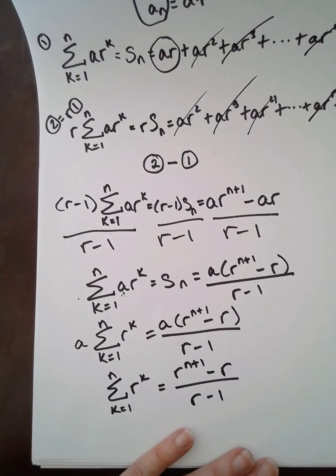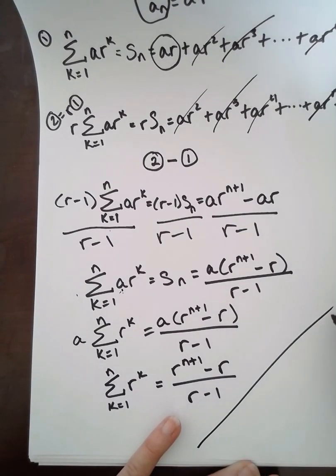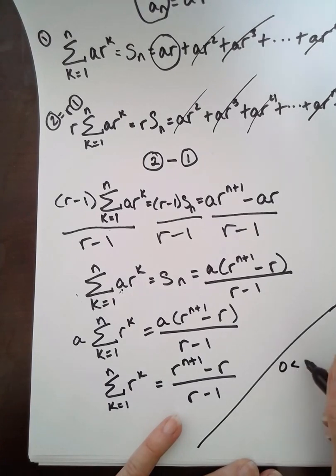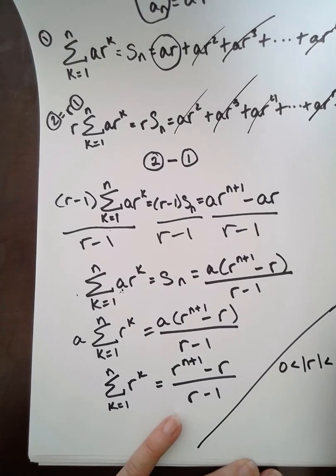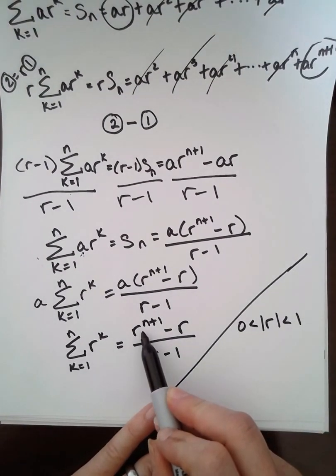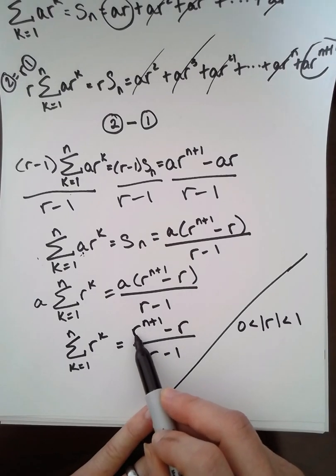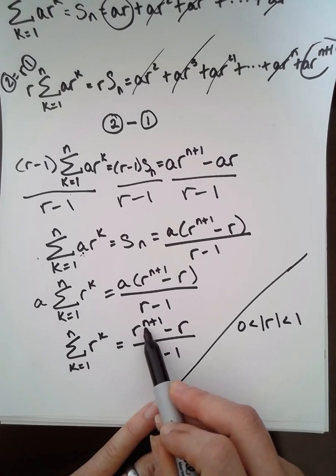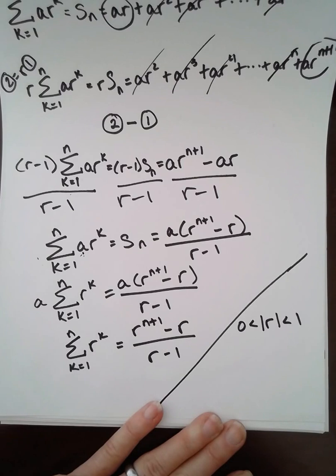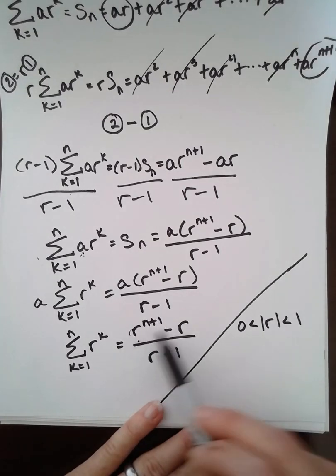Now let's talk about the common ratios here. If our common ratio in absolute value is between 0 and 1, then this term, as n goes to infinity, will tend to 0, because a number between 0 and 1 in absolute value raised to larger and larger powers goes to 0.